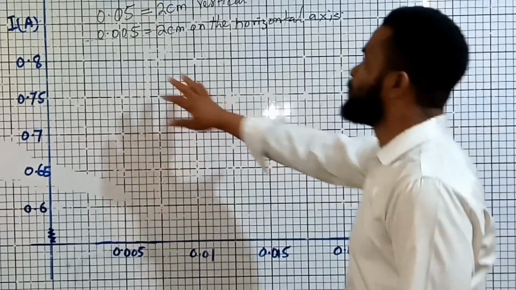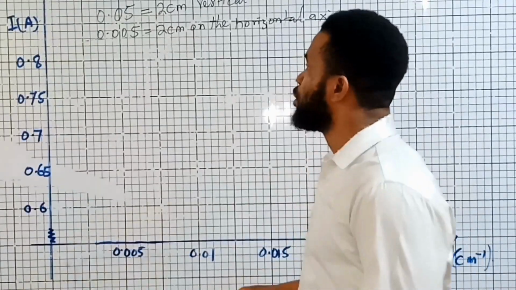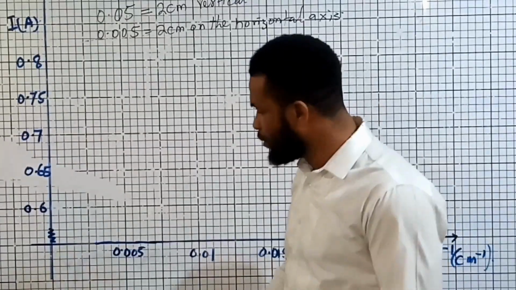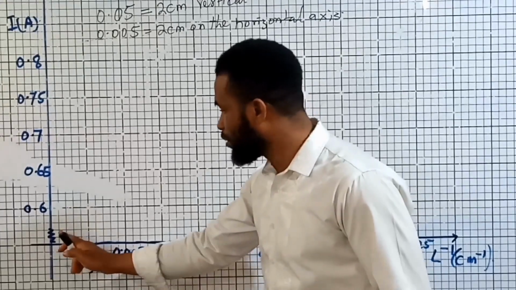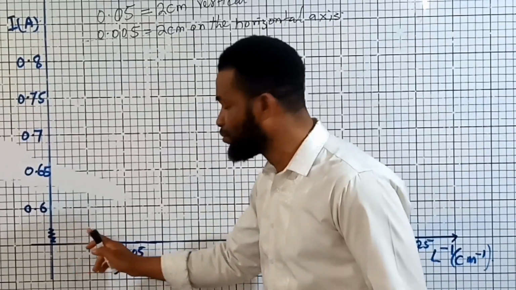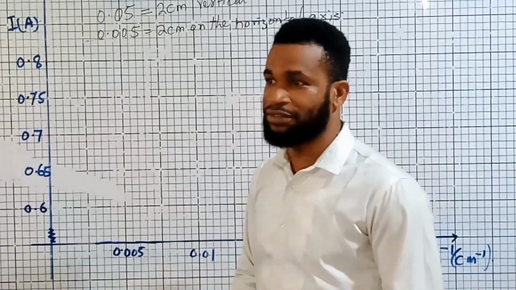Now, if you know this, the question you should ask yourself is, what should be the value of each of these lines for the horizontal axis, and what is represented on the vertical axis?